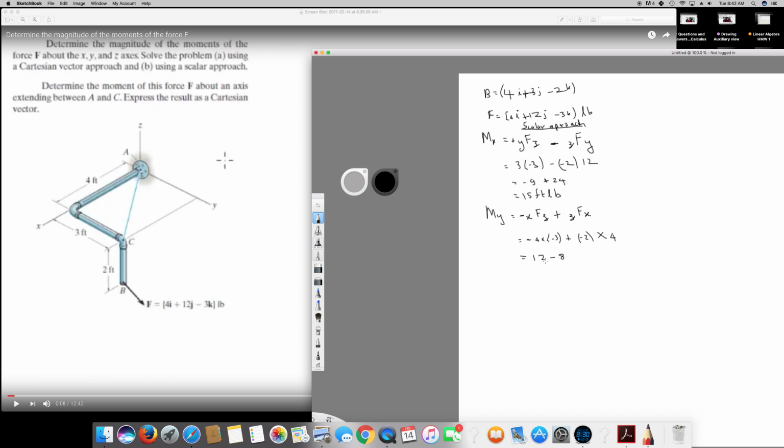So it's going to be 4 feet pounds, right? That's my final answer.